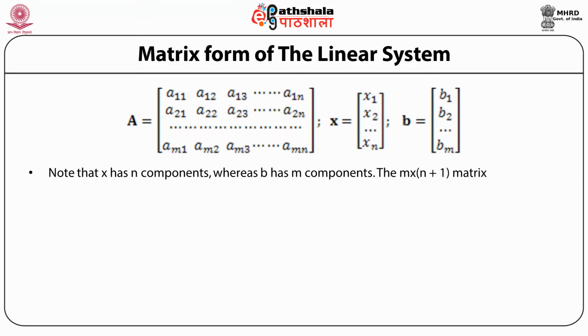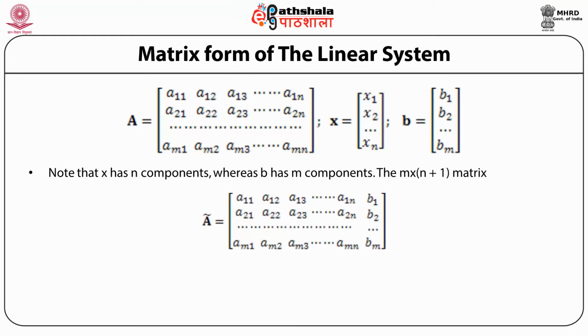Then the m cross n plus 1 matrix A tilde has the first row being a11, a12, a13 till a1n and b1, the second row being a21, a22, a23 till a2n and b2, and so on till the last row being am1, am2, am3 till amn and bm.